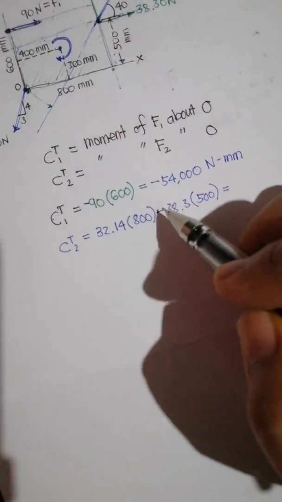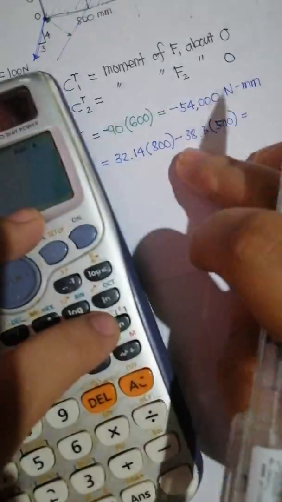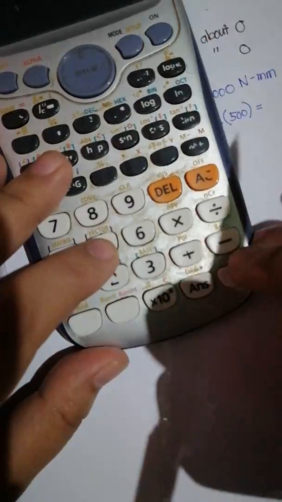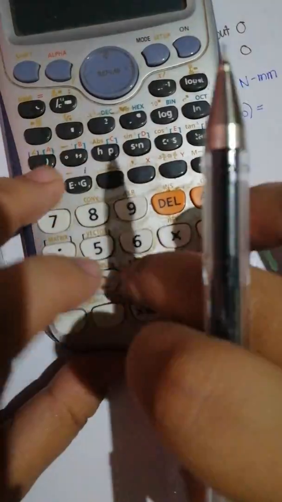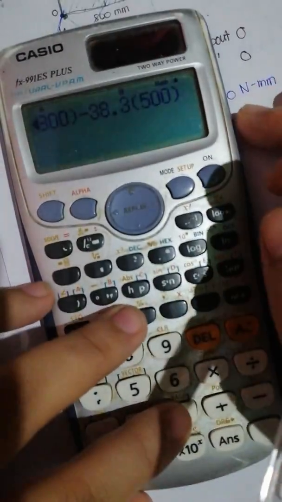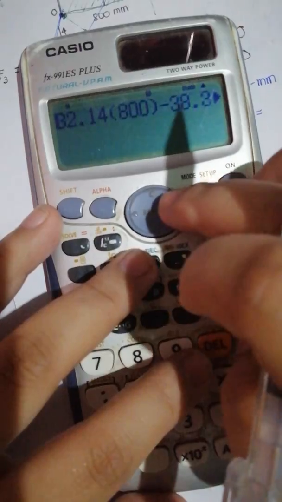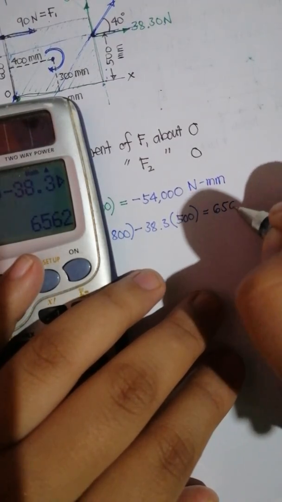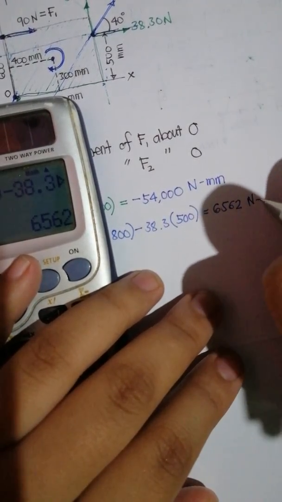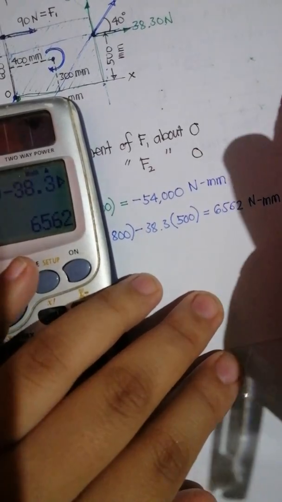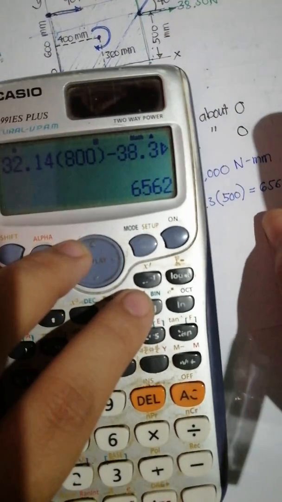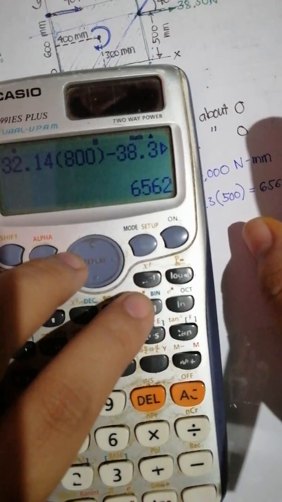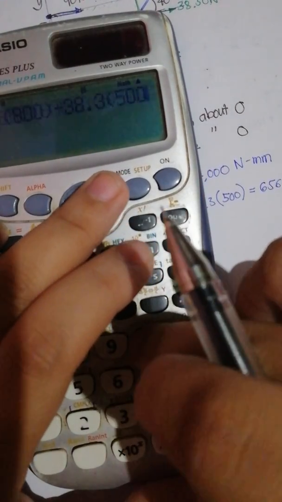So ayan. So let's just add everything. So 32.14 times 800 minus 38.3 times 500. Tama ba to? Okay. 6562 Newton mm. Okay, kasi naka-minus kasi, kaya maliit lang siya.